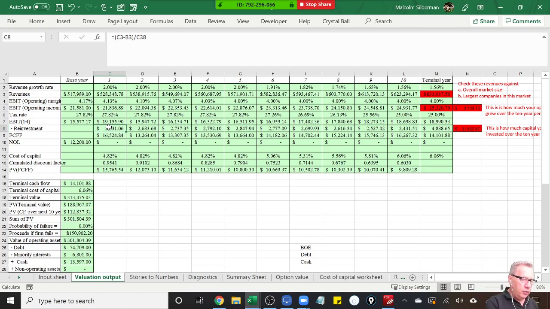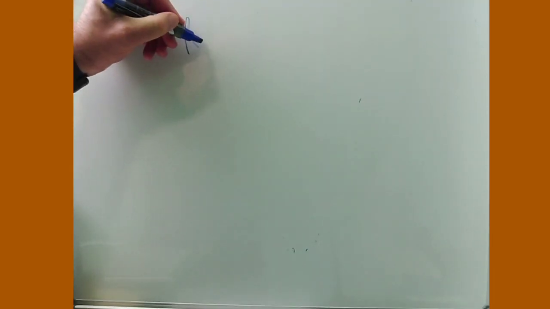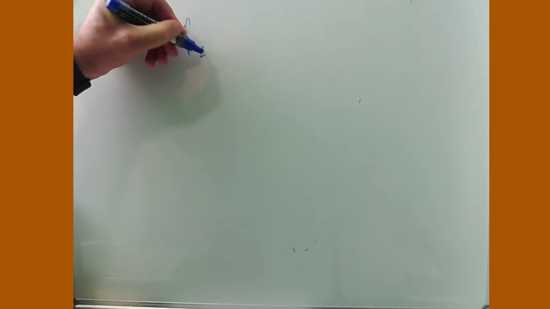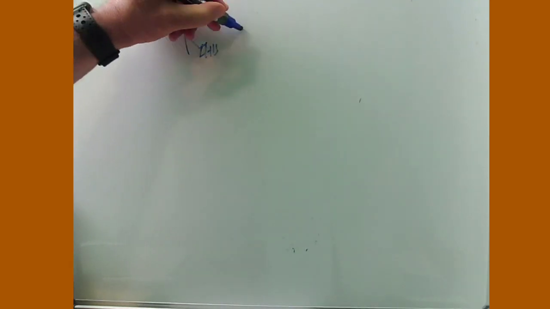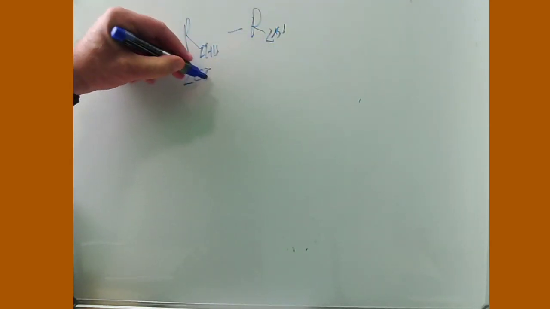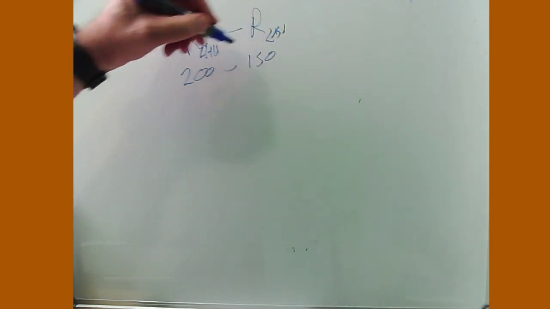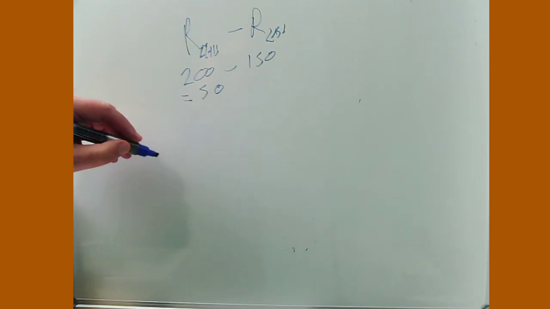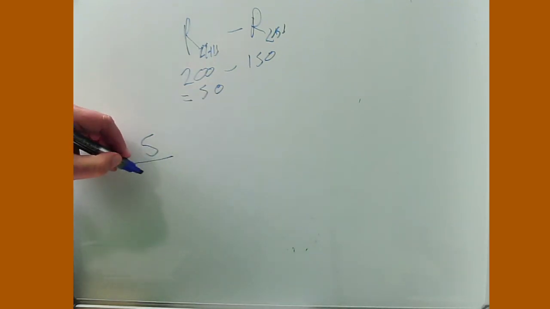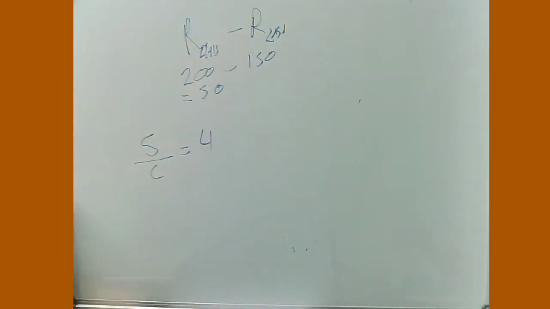I'll write the formula on the board for you. So what he does is he takes revenues this year minus revenues last year. Let's say this was 200 minus 150 equals 50. And then remember we had that number called sales to capital, which was 4 or 3.75.